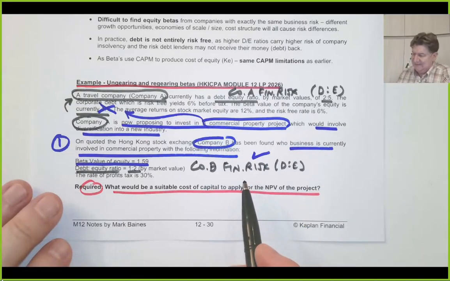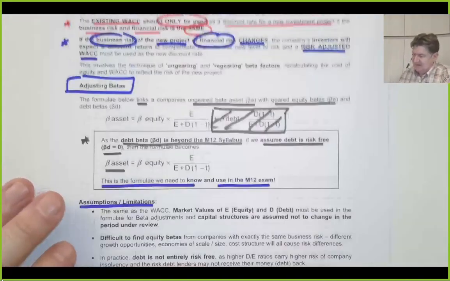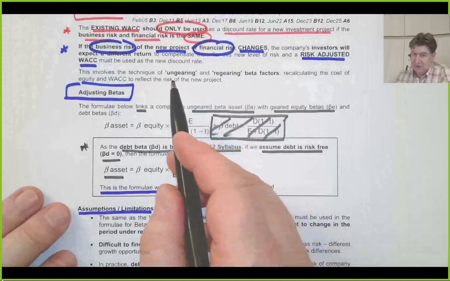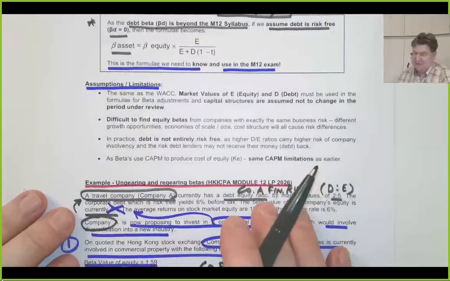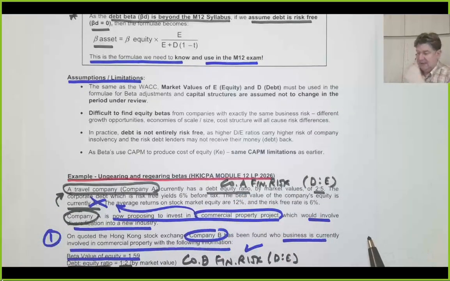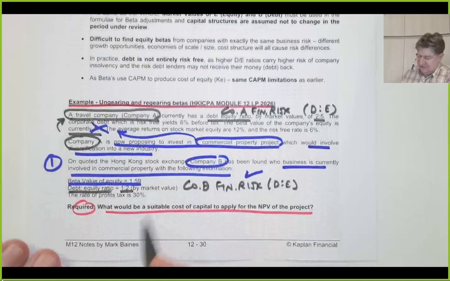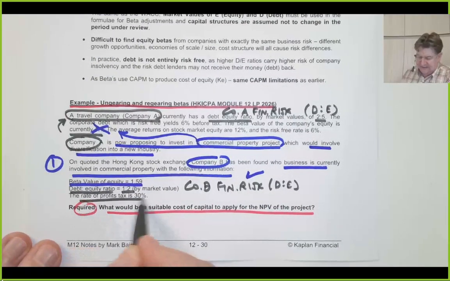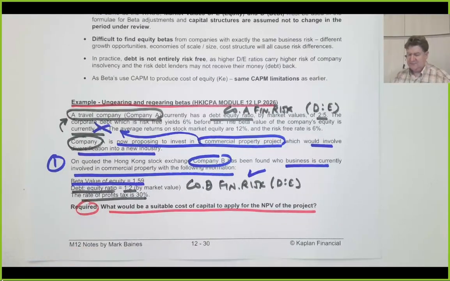So what does that mean? That means in a second we need to go through some adjustments. Ungear and then regear is what we need to do. And when we adjust, we are also going to be adjusting for a tax rate down just there. Let's go through each of these steps.